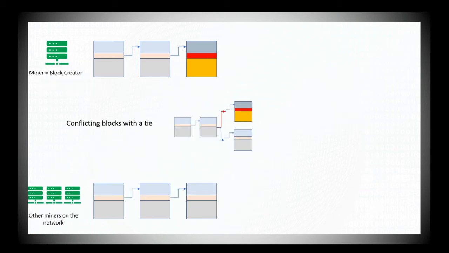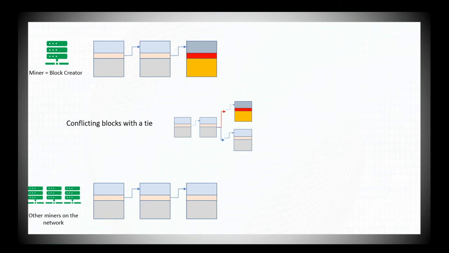But it does happen that sometimes you will have blockchains with conflicting blocks that are of equal length. Then what do you do? Well, very simply, you just wait, okay? And you wait for more blocks to be generated.